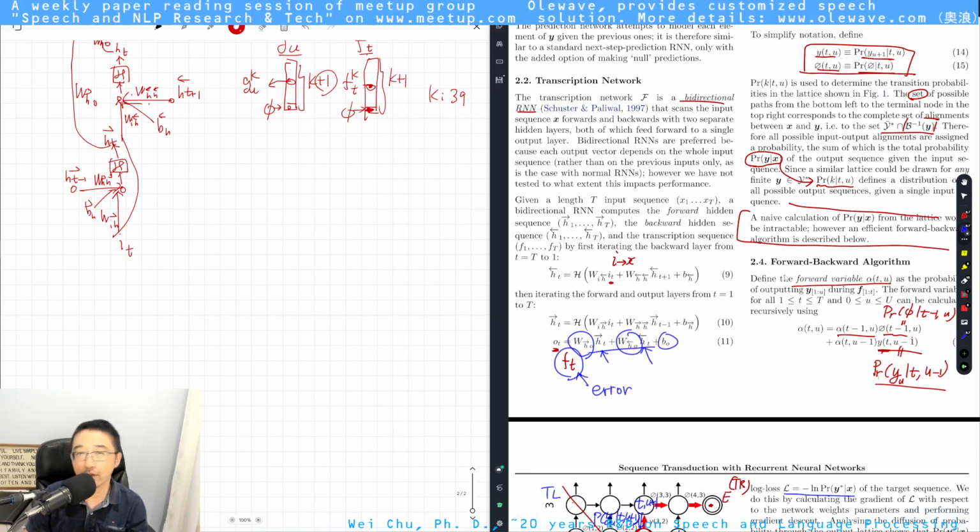Clear? So you can understand the purpose of the backprop is that you go down to the very bottom, so you reach these intermediate variables, you obtain this error and use this error to update the matrices.